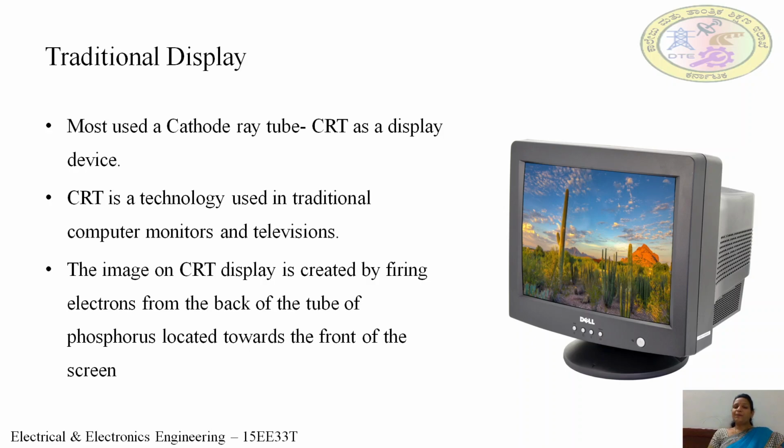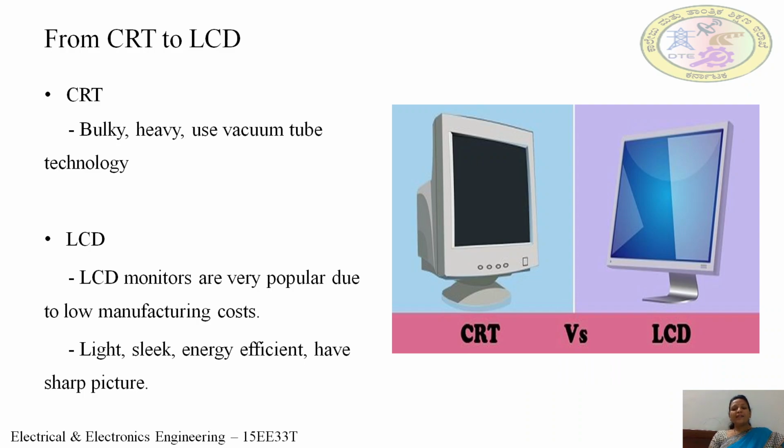Then why this transition from CRT to LCD? You must have seen CRT devices and CRT-based computer monitors in your college. It is very bulky, at the same time heavy too. And also they used vacuum tube technology, which is an outdated technology now. So hence we shifted to LCDs, that is liquid crystal display, because of their low manufacturing costs.